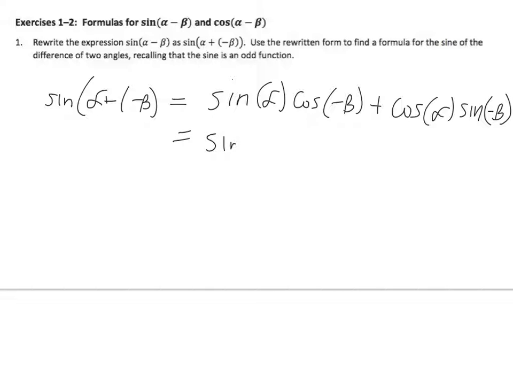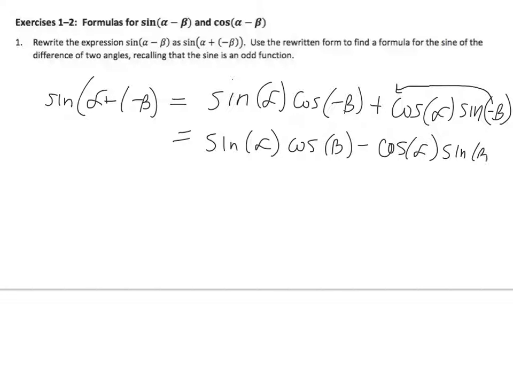That gives us sine of alpha cosine of beta minus, because this negative would be factored out, cosine of alpha sine of beta.